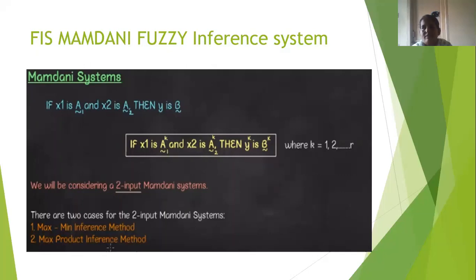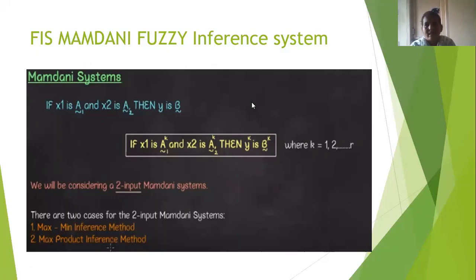Max-min inference method, first one, and next one is max product inference method. Here we will be learning how to evaluate each method.